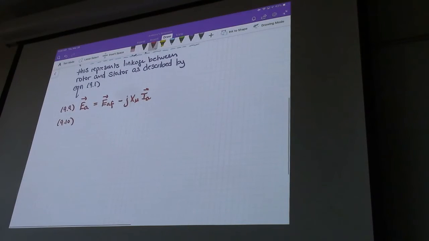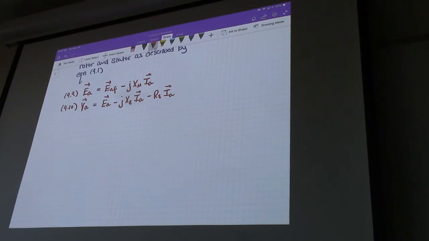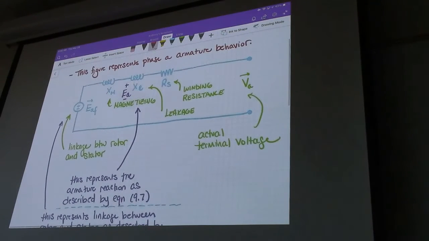And then next, VA, which is the terminal voltage, is equal to EA minus jXL IA minus RS times IA. And this value right here, we're going to call that EL.